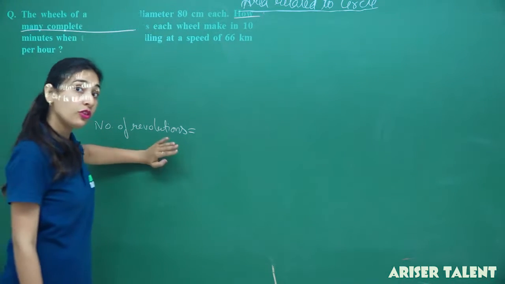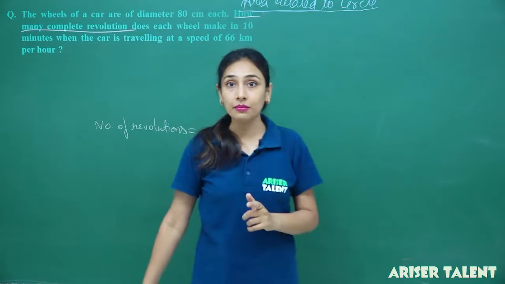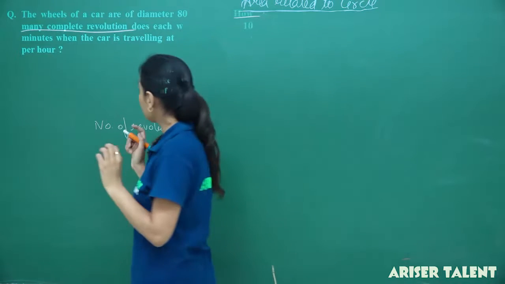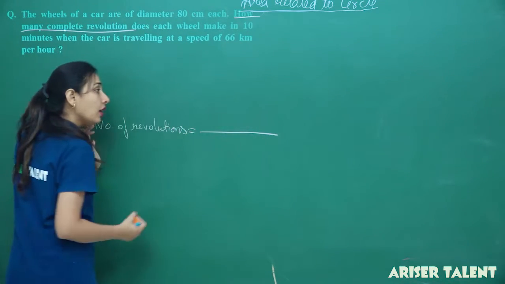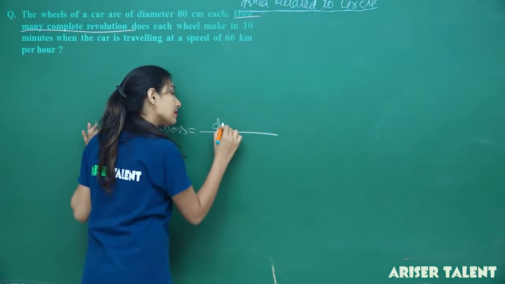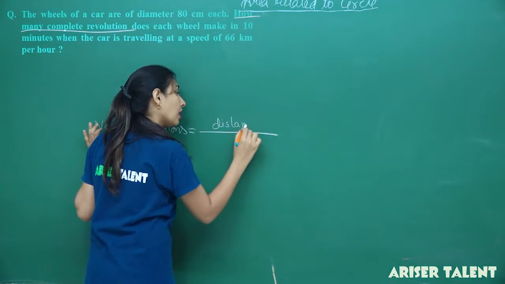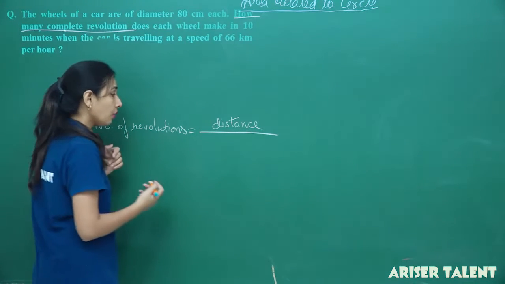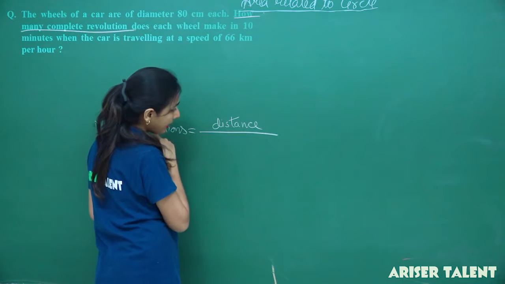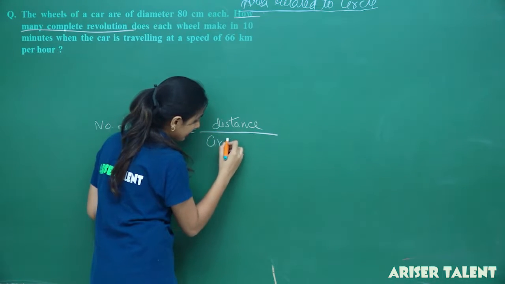So tell me what was that? The number of revolutions that we studied was nothing but the distance covered in a particular time, divided by the circumference.